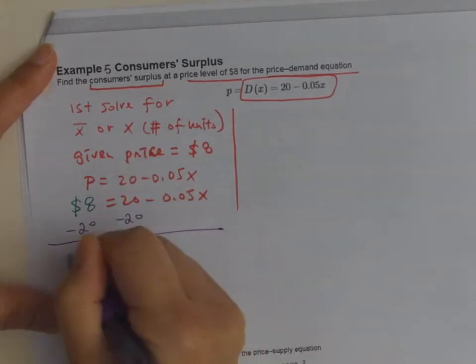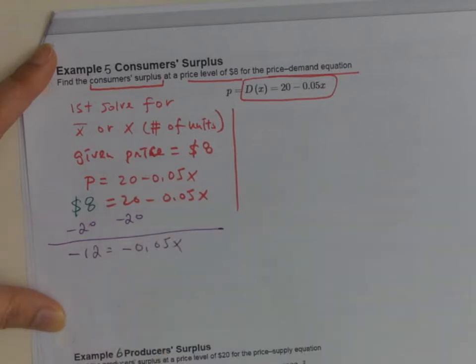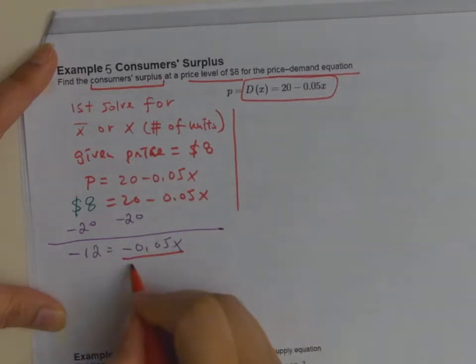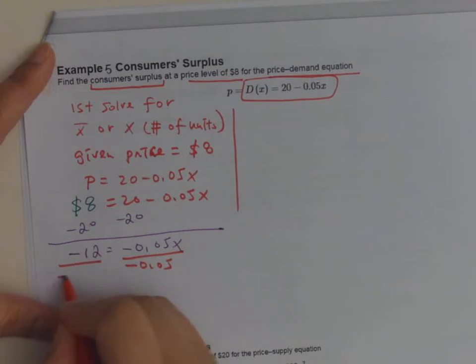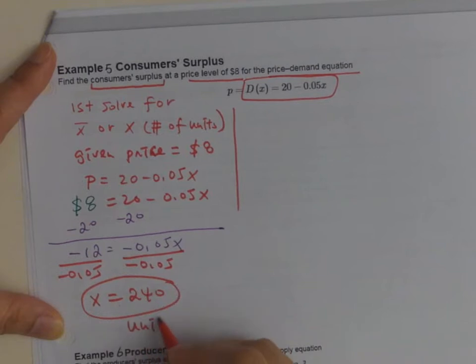We get negative 12 equal to negative 0.05x. Divide both sides by negative 0.05. You should find x equal to 240 units.